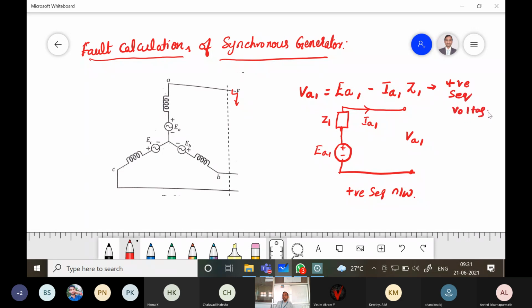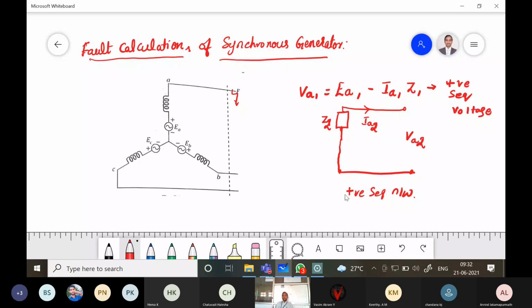Suppose how to write the negative sequence network? The negative sequence network can be written by removing the voltage source and shorting the line. So that is called a negative sequence network. Removing the voltage source and shorting the line, only impedance we will get. That is represented by Z2, current flowing is I2 and the voltage is VA2.